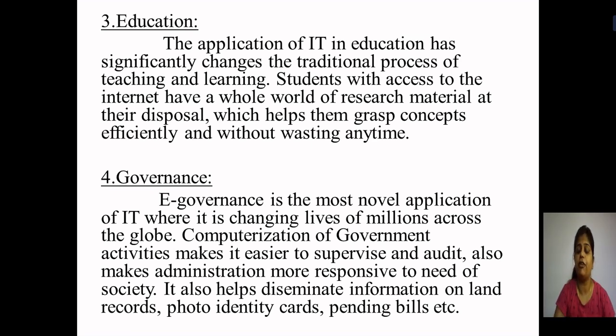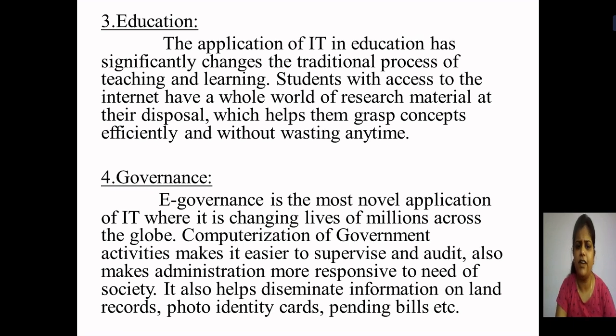Then there are different photo identity cards, like your PAN card and Aadhaar card, you can get them online also. Then you can clear your pending bills, electricity bills and telephone bills, easily online.